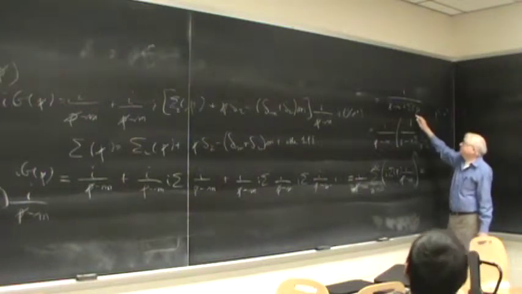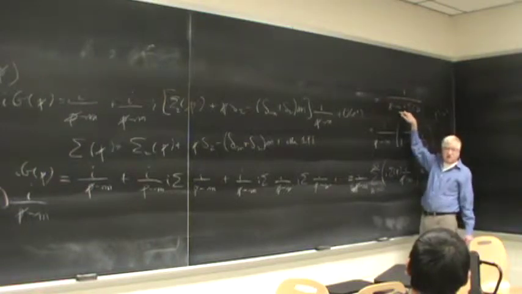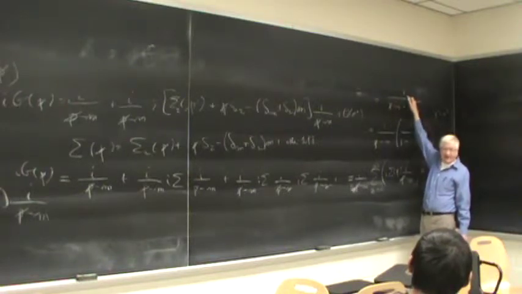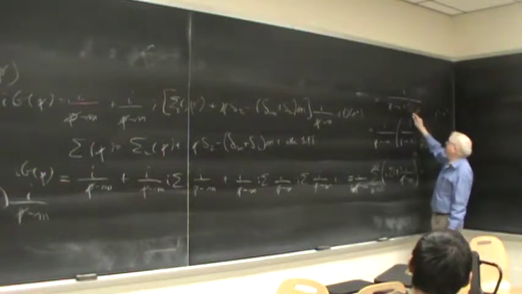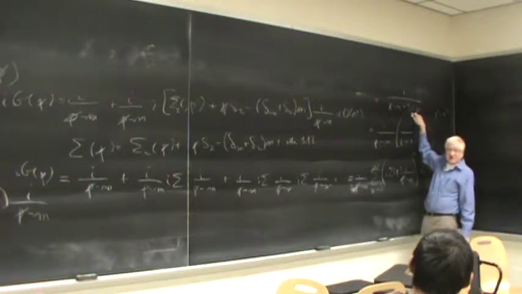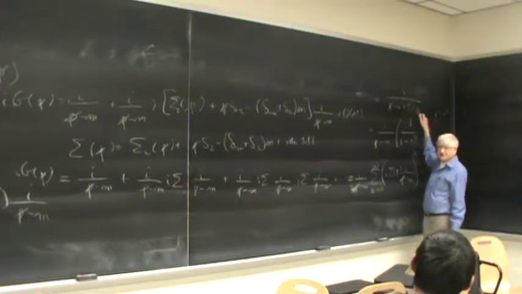And moreover, we know that this pole at p-slash equal to m has residue i, not i times 1.3 or something. So we want that there shouldn't even be any term linear in p-slash here. This thing here shouldn't have an extra p-slash in it. So it shouldn't have a constant, shouldn't have a p-slash.